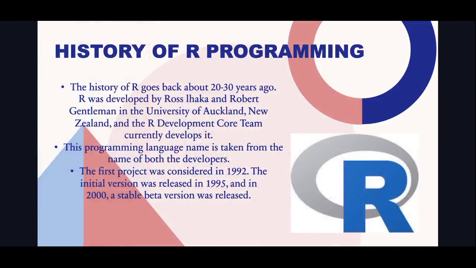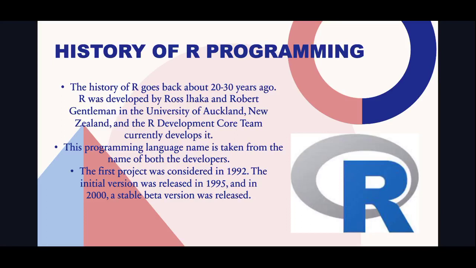So the history of R programming, as most of this was discussed in the previous slide, let us discuss again. The history of R goes back about 20 to 30 years. R was developed by Ross Ihaka and Robert Gentleman at the University of Auckland, New Zealand, and the R development core team currently develops it.